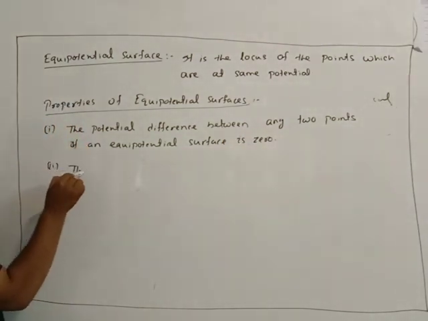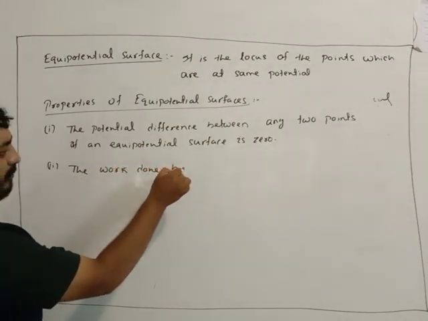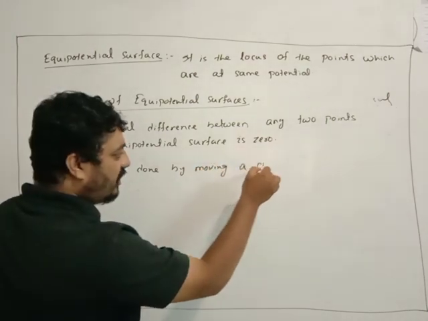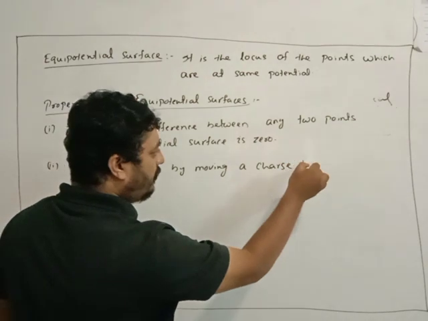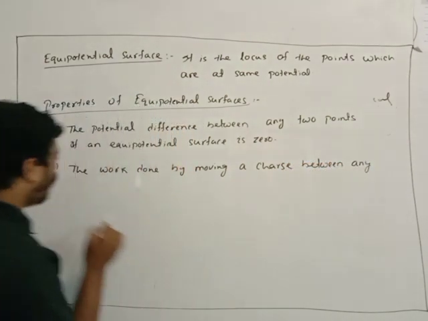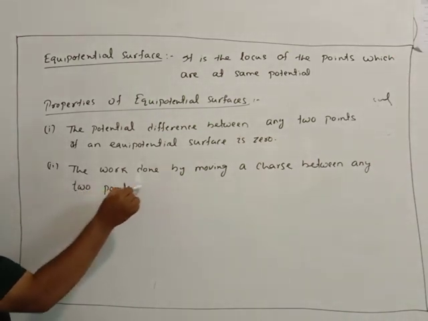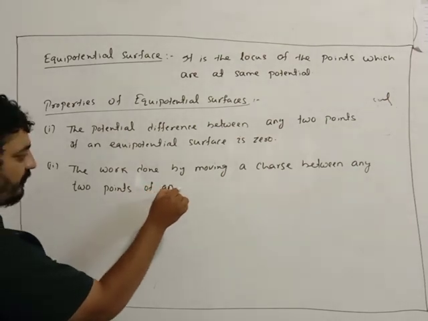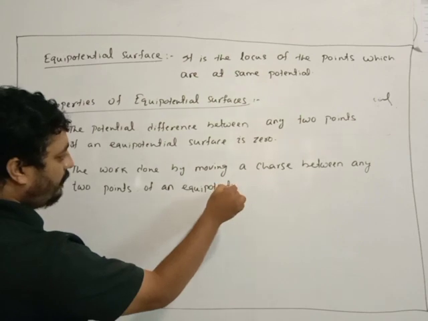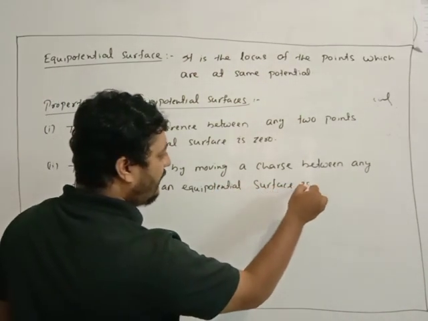Second, the work done by moving a charge between any two points of an equipotential surface is 0.